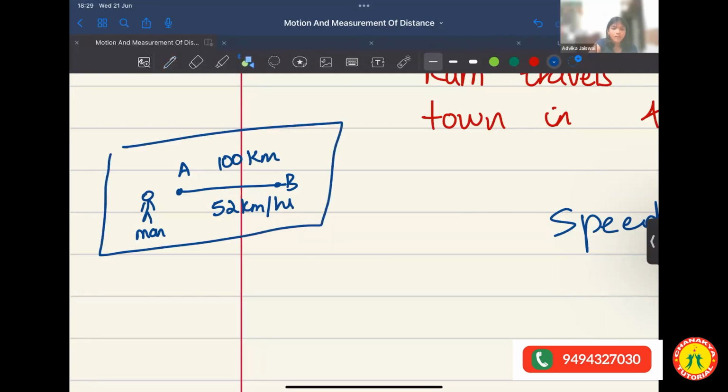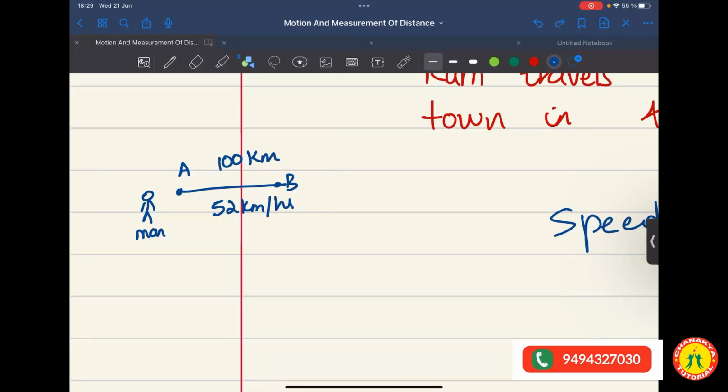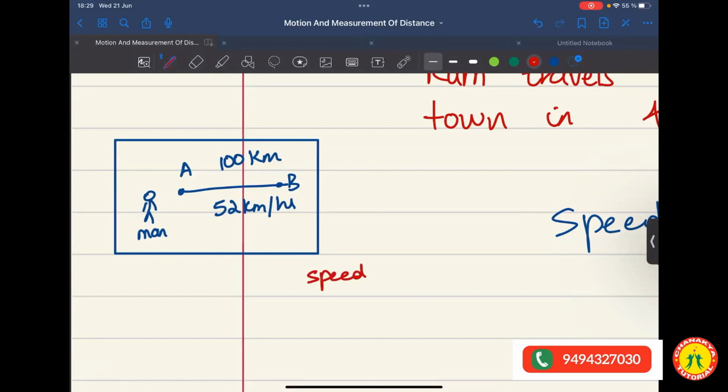Ma'am, first the formula of speed will do. I'm asking you to calculate the time. Ma'am, 1 second. I can write the formulas, I won't write all the formulas, but try to find the formula for time from this.